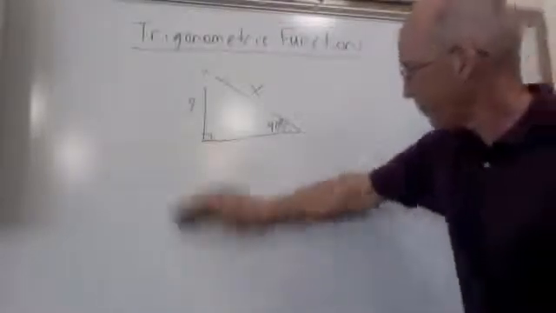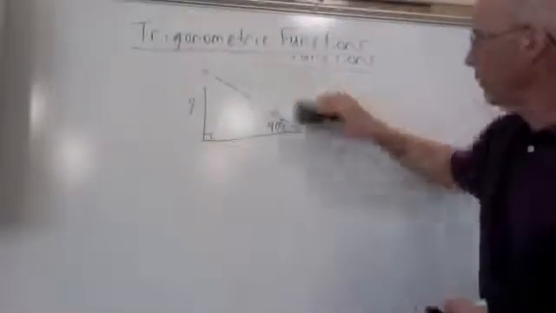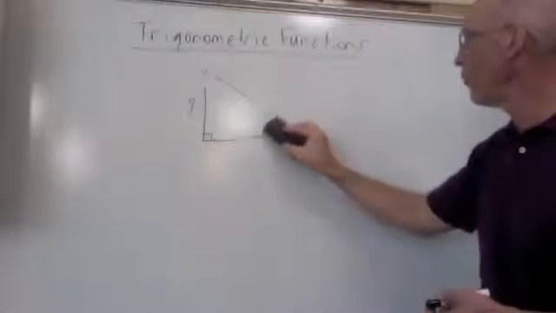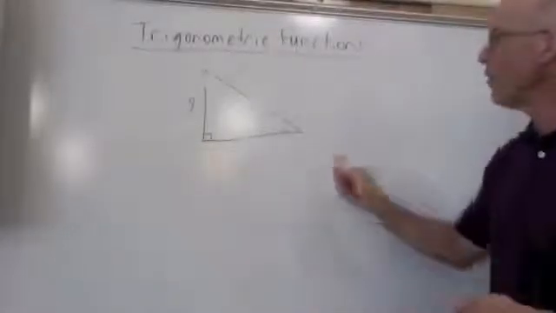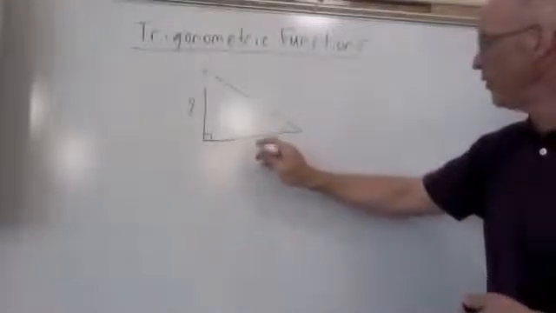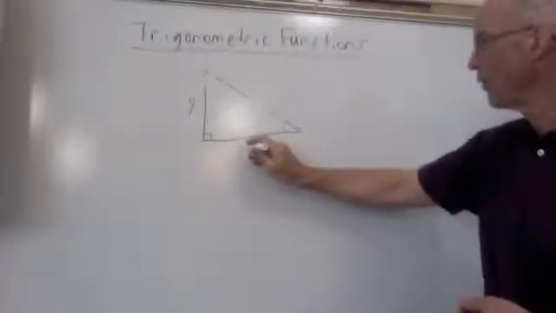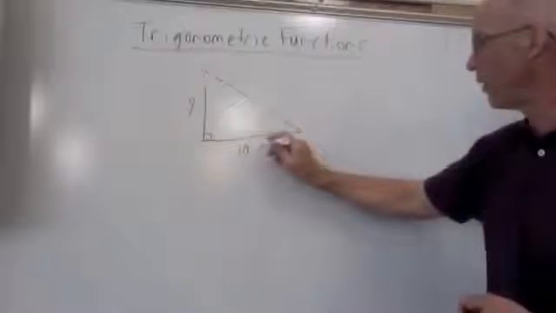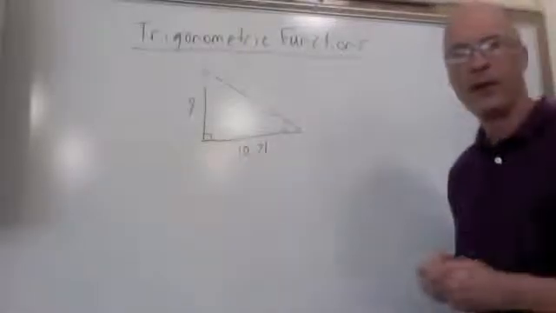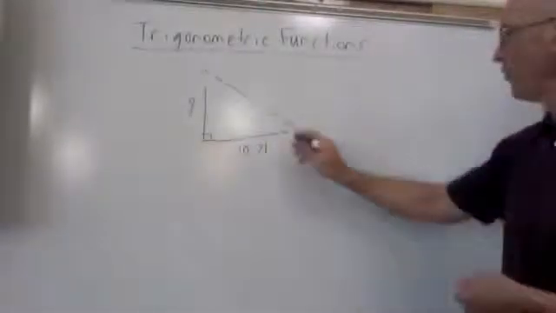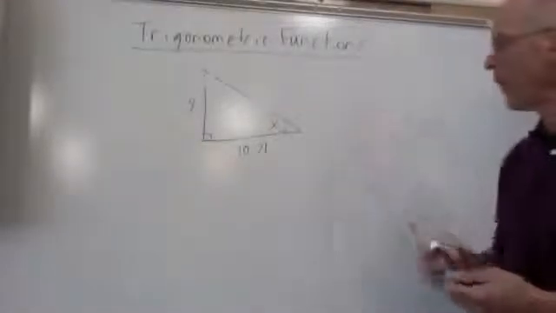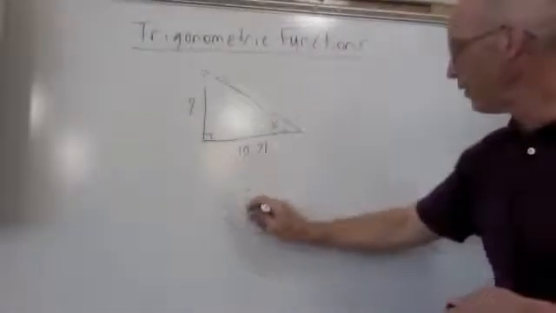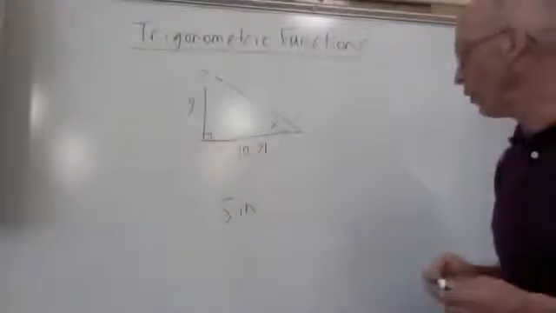Now, let me just show you a quick thing. Sometimes we don't know the number of degrees. Let's just do this one backwards. Let's say this is 10.71, and we'll say that we don't know this angle. We're going to set up the problem just the same. The sine, oh no, it wasn't sine, was it?